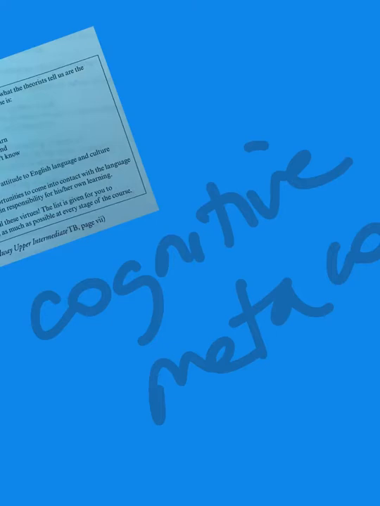The cognitive strategies have to do with analogy, memorizing, visual stuff, reading, writing, sounding things out, repetition, inferencing, predicting, and guessing. Metacognitive strategies have to do with planning for thinking about the learning, self-monitoring, and self-evaluation.